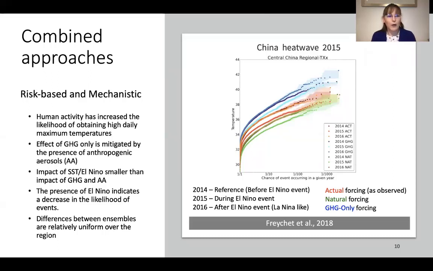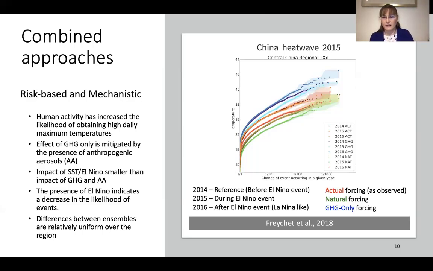So here's an example where we use both the risk-based and mechanistic approaches to studying the extreme heat wave in China in 2015. And this is a paper by Nikolaos Christidis and myself and Simon and others. This is where we ran large ensembles, including with all forcings in them. That's the actual ensembles, so they are as observed.